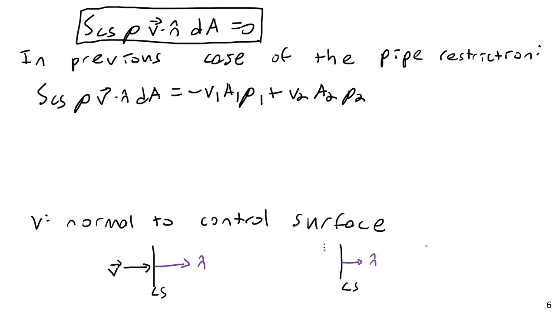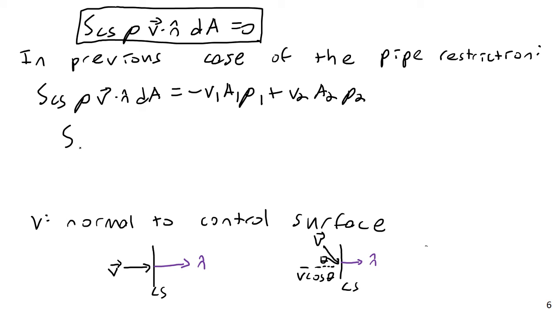So if we had a V at a theta, then we would not want the entire V, we would only want V cosine theta, which is why we do the dot product in the formula. Now in this particular example, V is already in line with the normal vector of the control surface, so we don't have to worry about that. But it will become important later on.